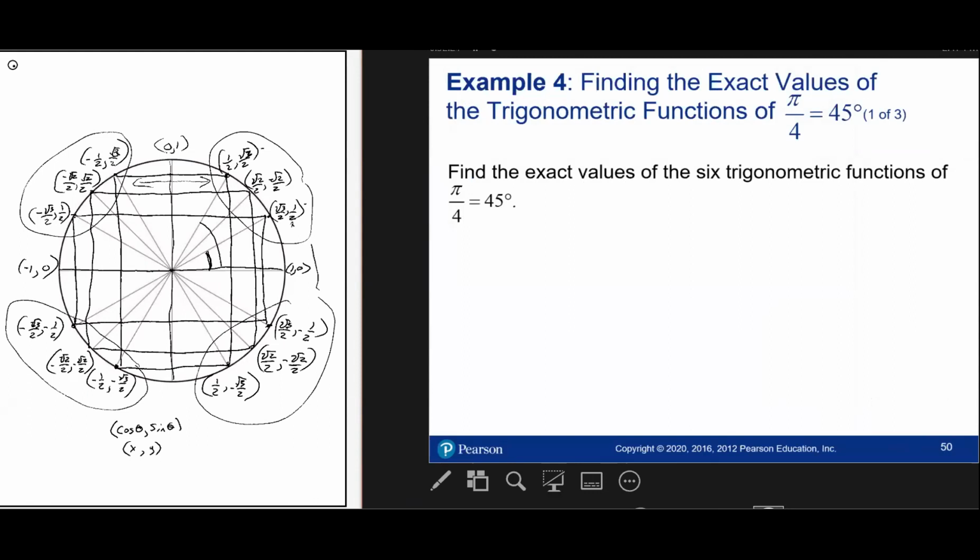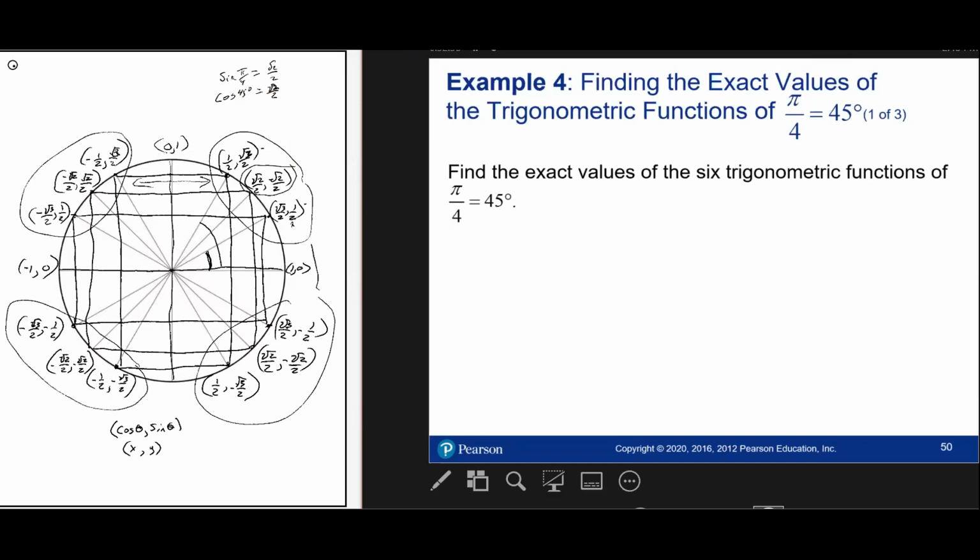So for 45 degrees, the 6 trig functions, all right, so x and y for 45 degrees, the sine and cosine are going to be the square root of 2/2. That's the sine of pi over 4 is the square root of 2/2, and so is the cosine of 45 degrees, the square root of 2/2.